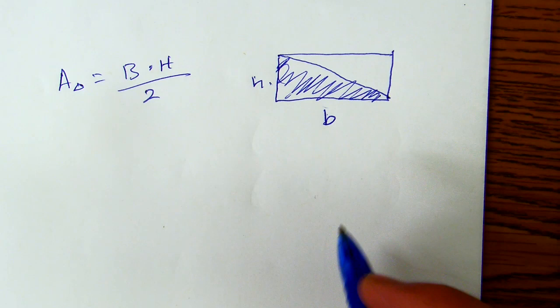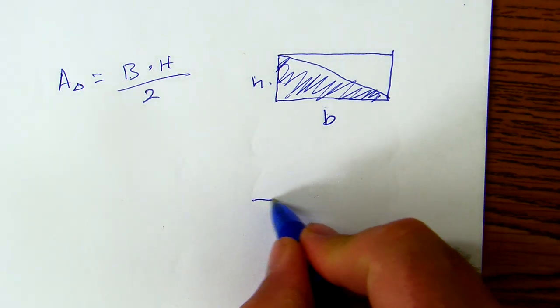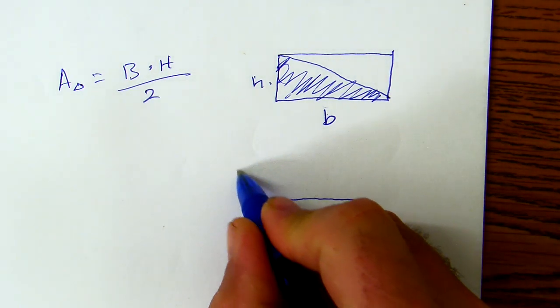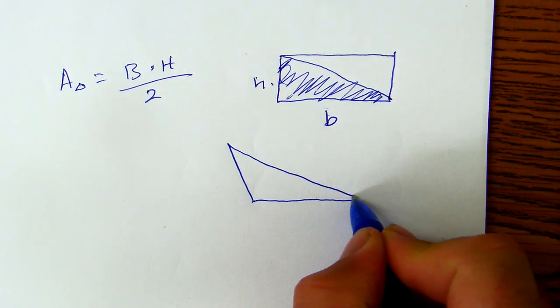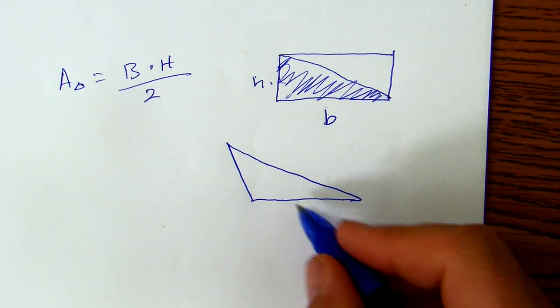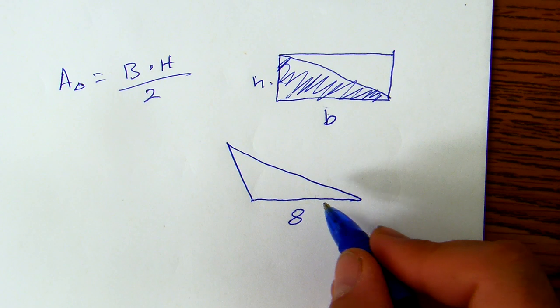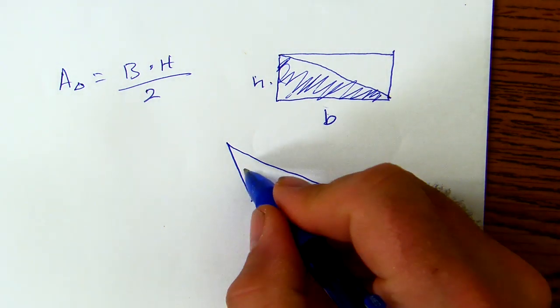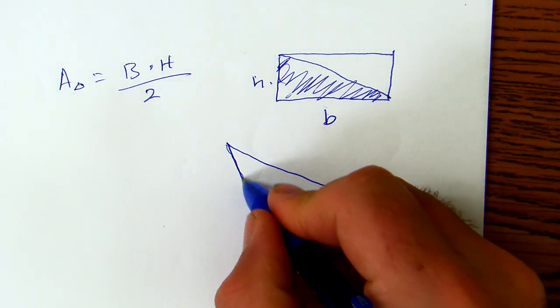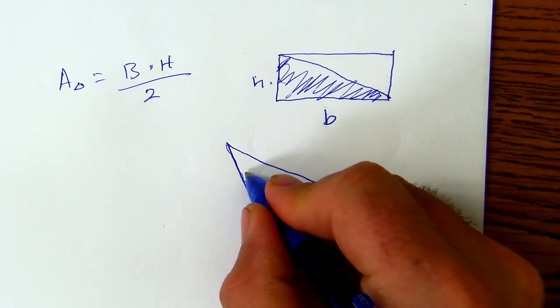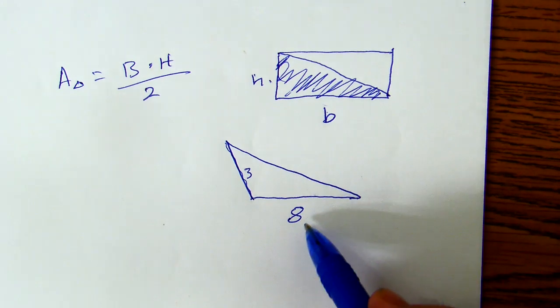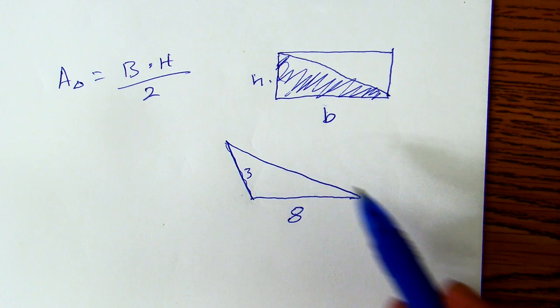About the only thing that sometimes comes into play is if you draw a triangle with an obtuse angle in it. There are times where I've seen students say, well, if this is 8, and then all of a sudden on the diagram, maybe this has a length of 3. Okay? And kids will say, well, 8 times 3 is 24, divided by 2 is 12.